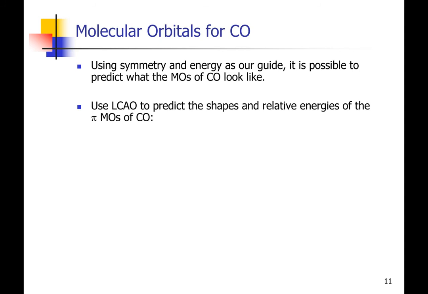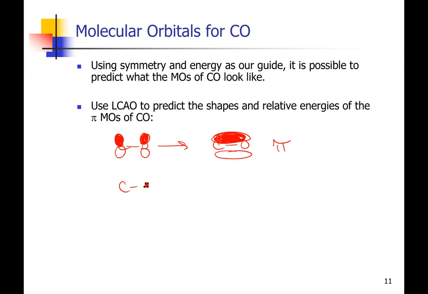So if we take the 2px, I think I called this one, on carbon, and we mix it with the 2px on oxygen in phase, they're going to come together and we're going to get a pi bonding molecular orbital on our carbon monoxide.